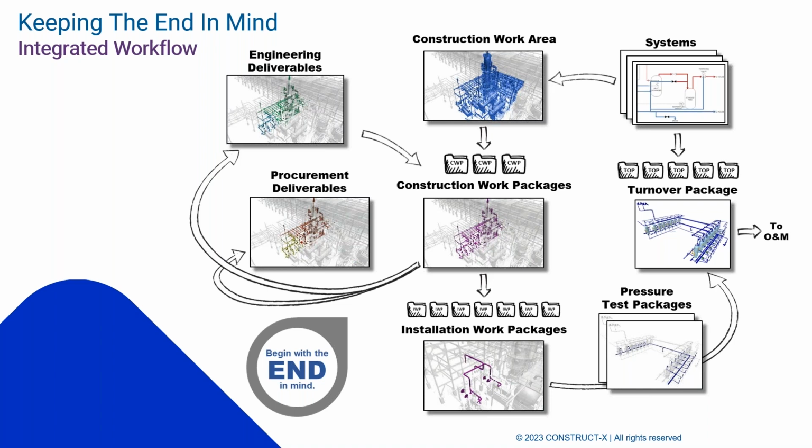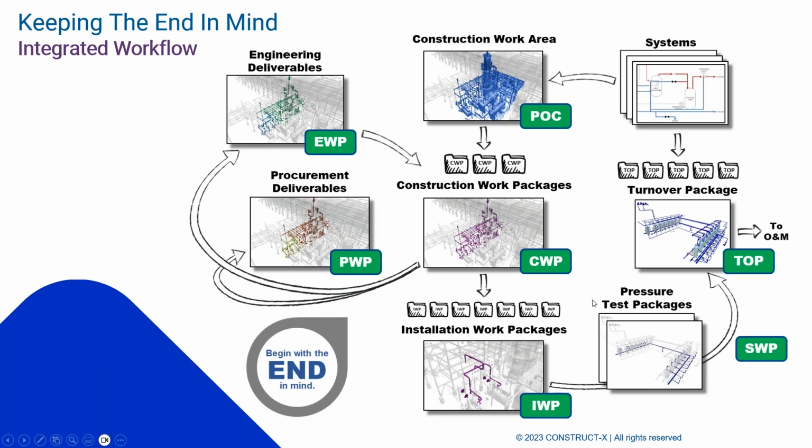Here's the kind of the machine. We're taking the end in mind, the systems and the startup processes, right? Breaking into construction work areas, construction work packages. Then we go through a cycle of engineering, right? And then we're trying to build these packages, turnover packages, system work packages, ultimately guiding us to what we really want to do efficiently and effectively to hand over, right?